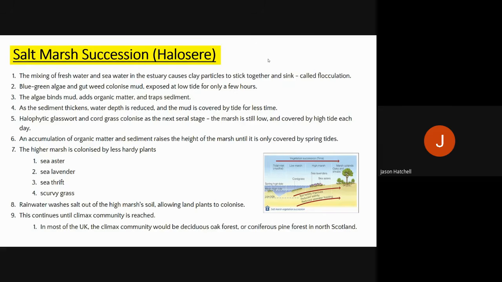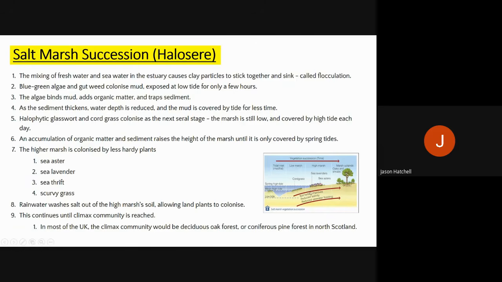We can also get the salt marsh drying up, where it's no longer provided water over time. And this means that these salt marshes can actually form, as you can see in the image down here, sea lavenders and cordgrass and other types of smaller plants.